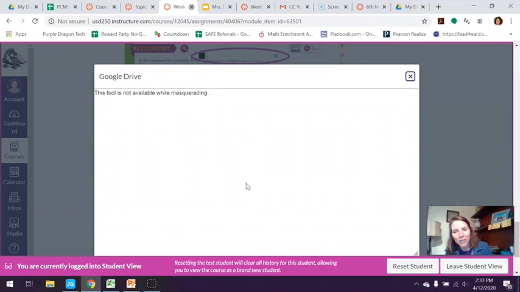Now, it's not going to let me actually submit anything because I'm pretending to be a student. But once you're in Google Drive, you're going to need to search for your assignment. You might have to search for 5.2 or search for your name if you put that in the title. Then click and submit your assignment here.